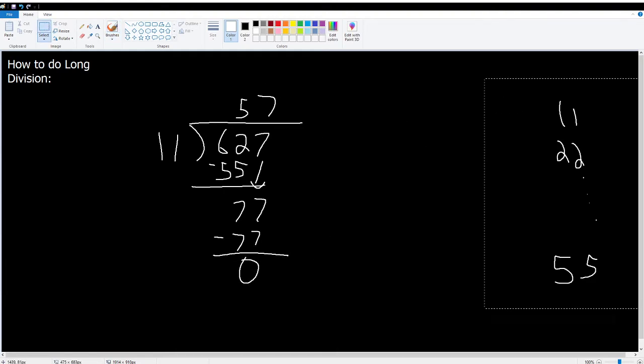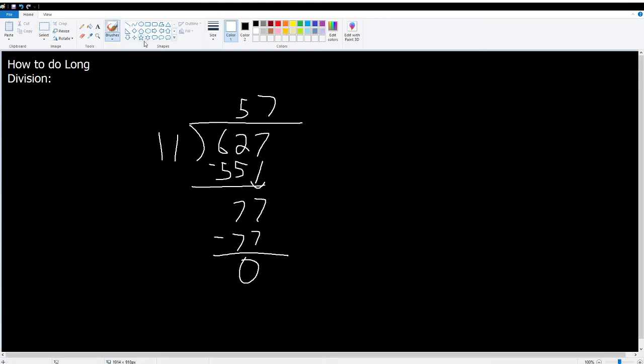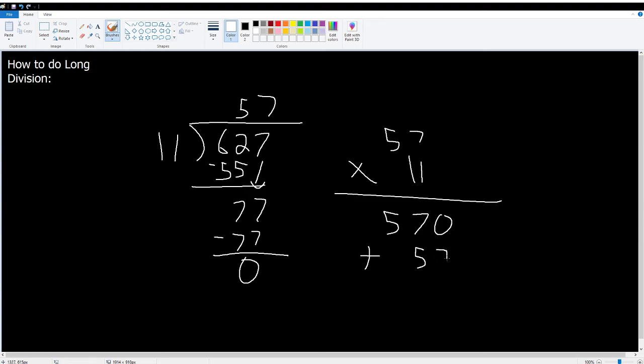So remember, we always check our work, right? So I would do 11 times 57. A good way to do this is to do 10 times 57, which is 570, right? And 11 57s is just plus another 57. You get 7, you get 12, you get 627.